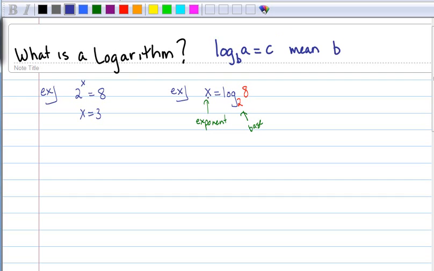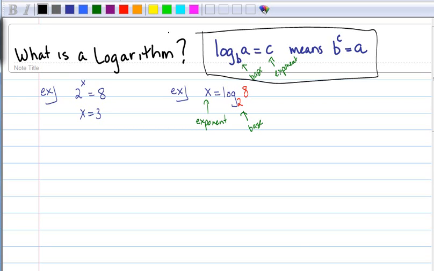The exponent is always the one that's alone, so that guy's the exponent, and it better equal the only thing that's left, which is the A. So 2 to the x equals 8, that's what this was, so this is B to the C equals A. That's what that means. Again, the B is the base, and the C is the exponent. Okay, I'm going to put a box around that, because that is our formula.